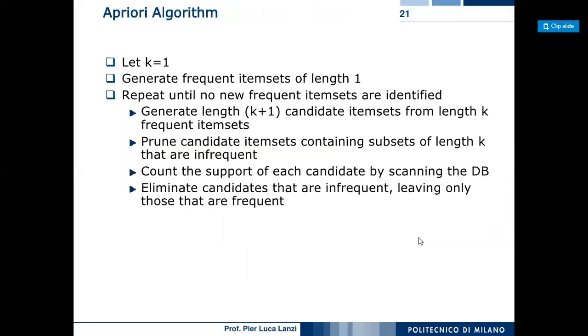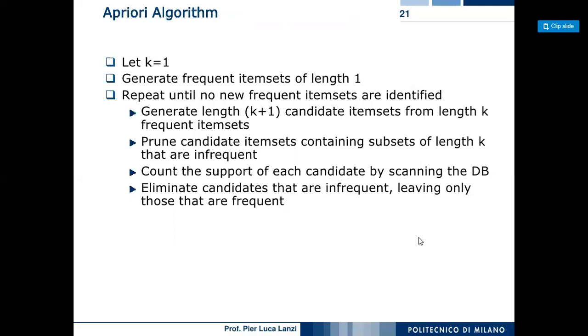So the a priori algorithm is used to find all possible association rules by modifying the brute force approach. The algorithm is as shown here. For k equals 1, meaning single item sets, generate the frequent item sets of length 1.